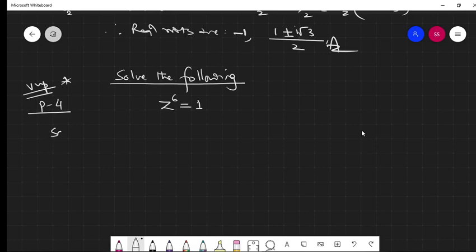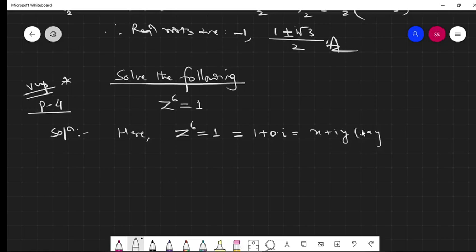Anyway, solution. We have given here z to the power 6 equal to 1 equal 1 plus 0i equal x plus iy.